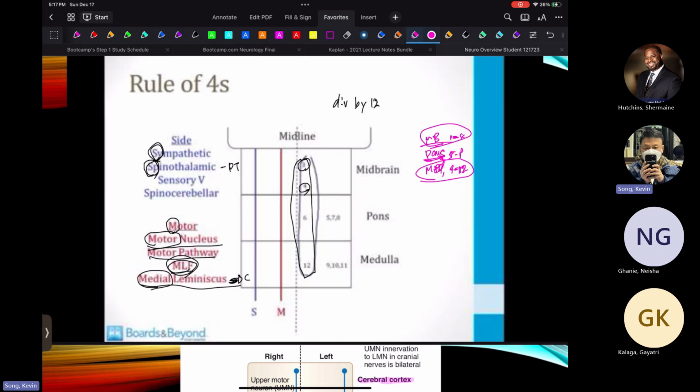But how do you distinguish whether it's 12 or 9, 10, 11? That's due to the rule of 4. The rule of 4 will separate whether it's medulla or pons and midbrain.